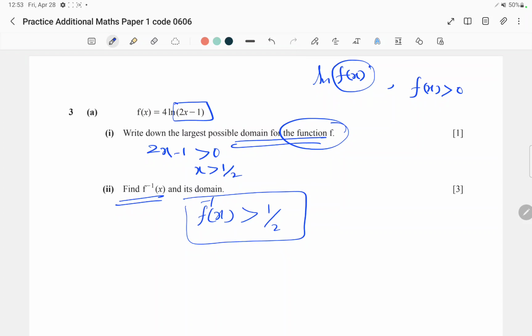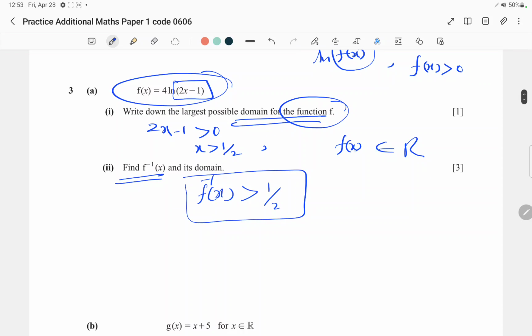For the domain we can find the range of f. Here ln is always minus infinity to infinity, so f(x) belongs to all real numbers, right? So when the range of the function is all real numbers, then the domain of f inverse x is also all real numbers.